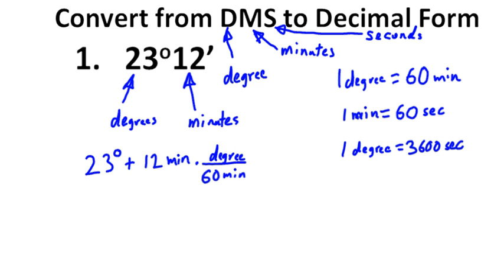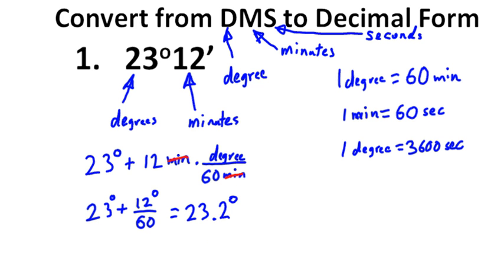So when we cancel out our units, minutes over minutes cancel. To simplify, we're going to have 23 plus 12 over 60, and that's going to be again in degrees. It's going to be 23.2 degrees.